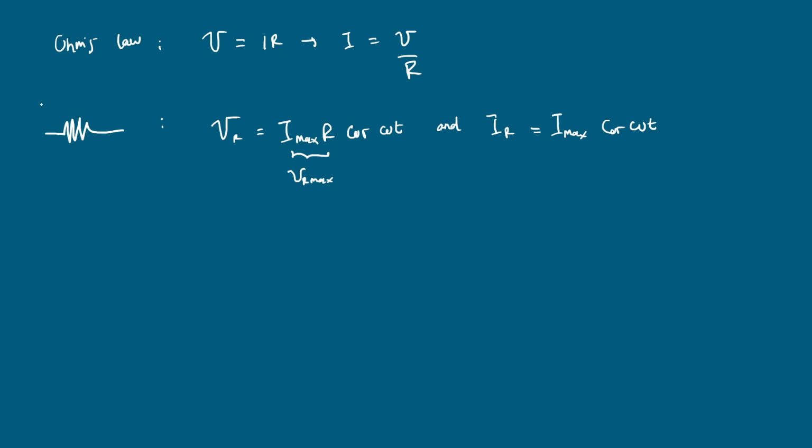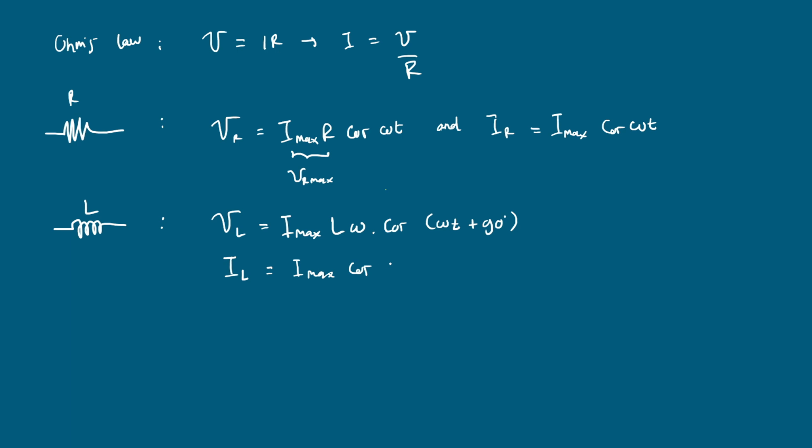But let's have a look at another component. Let's say we have an inductor which has L as the inductance. From our previous discussion, the final form is that VL is equal to I max L omega times cosine of omega t plus 90 degrees, right? The current for the inductor is the same as for the resistor: IL equals I max cosine omega t.